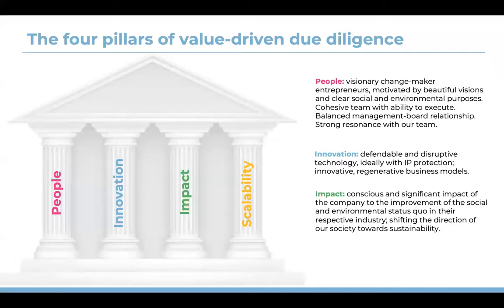Third point and third pillar is all about the impact. How the organization, the company, and the leadership team, and the founder are consciously and significantly impacting on the improvement of the status quo. So typically we look at what is the status quo of the specific industry or the solution that the company has developed.